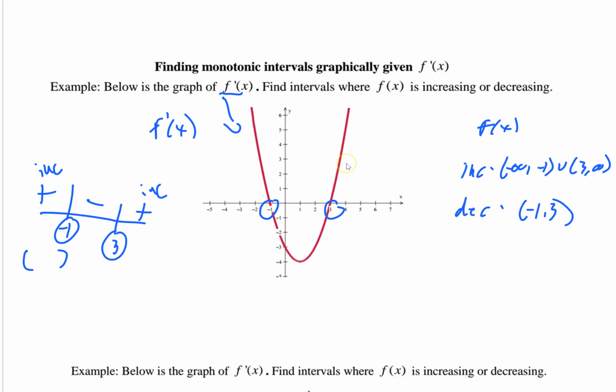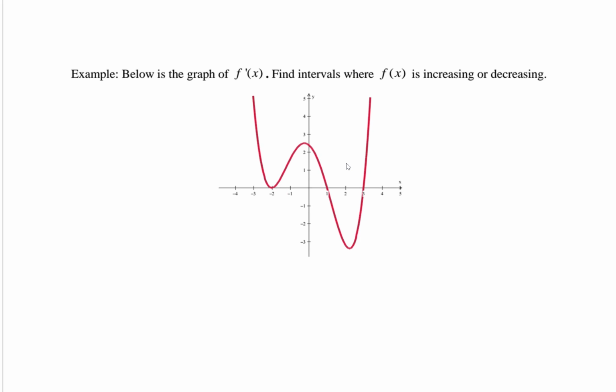Right? Just to prove that point, let's do one last one right here. Again, the idea here is this is a derivative, and they want to know on f of x when you're increasing and decreasing. Basically the same thing we've been doing all day today. Right? And the way I do that, the easiest way is to make a little sign chart. We got -2. We got 1.